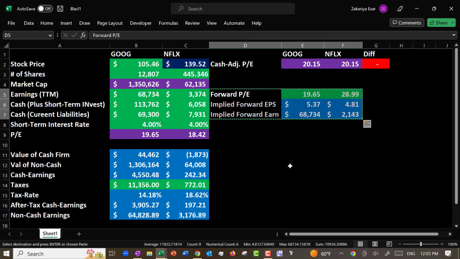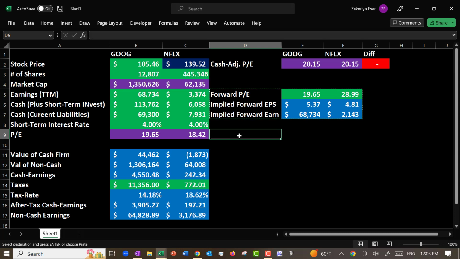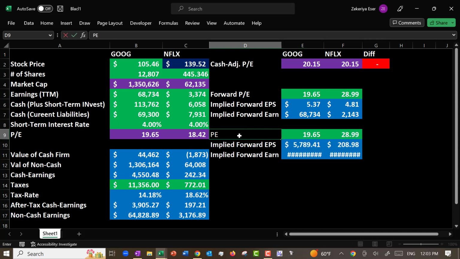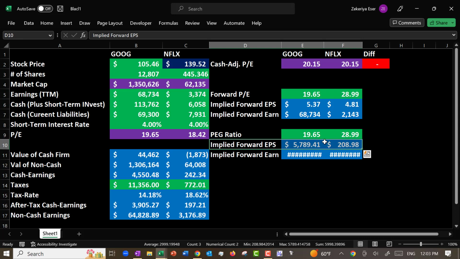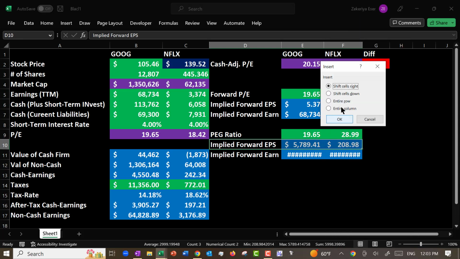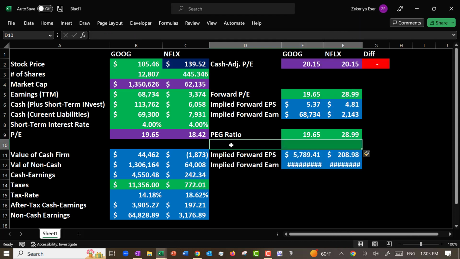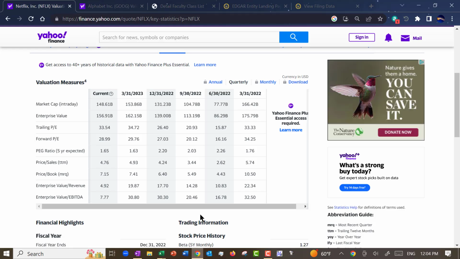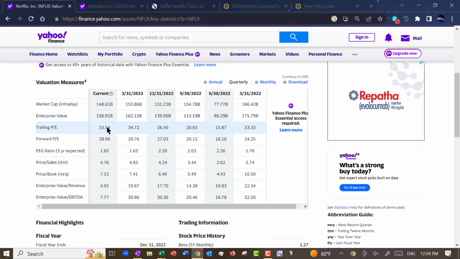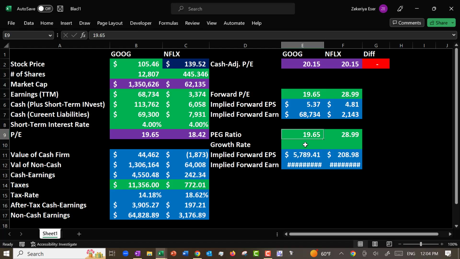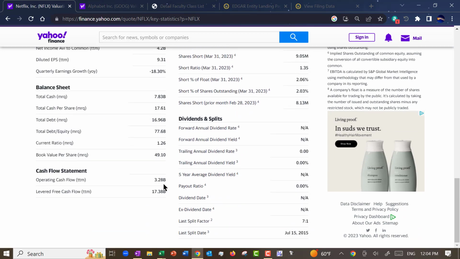So let's get this. Let's get the PEG ratio and the growth rate for Netflix. 165. Expected growth rates.